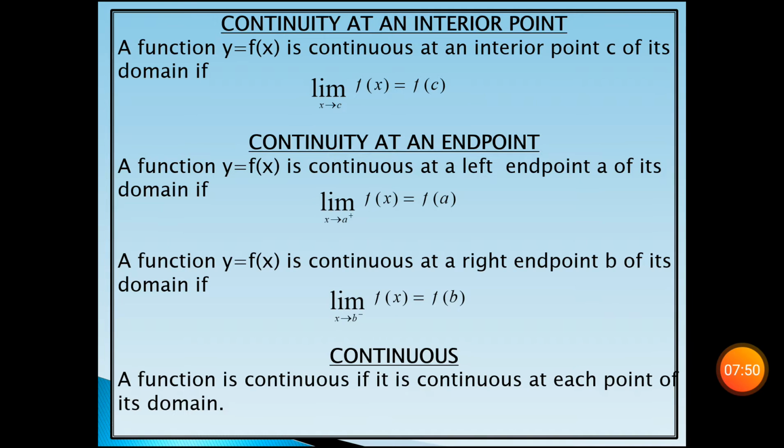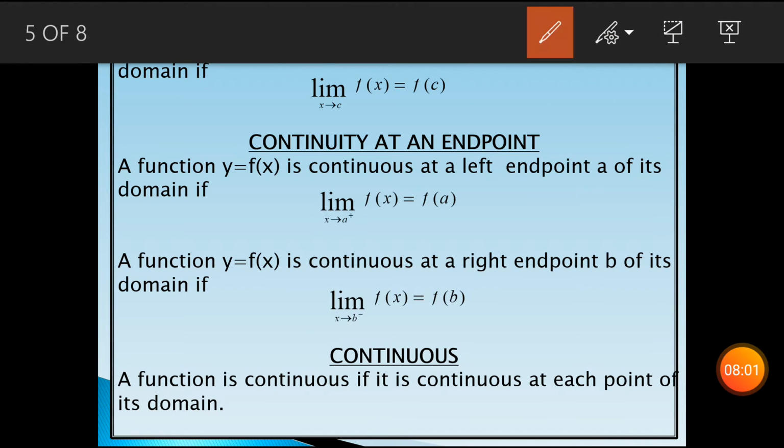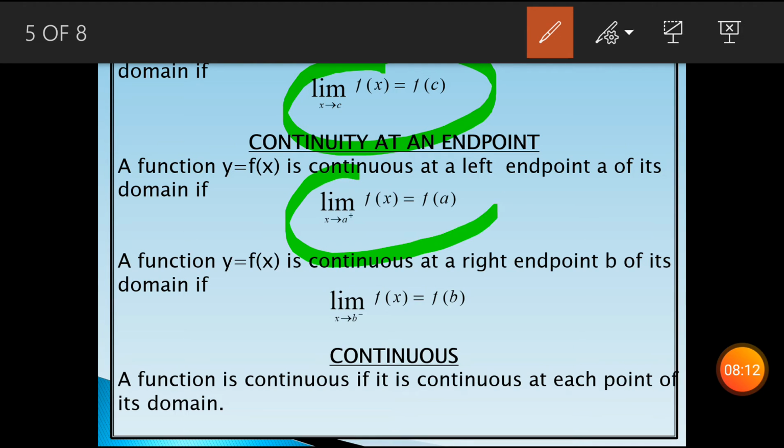Continuity at an interior point and continuity at an end point. A function is continuous at an interior point c of its domain if limit x tends to c, f(x) equals f(c). It means that f(c) should exist. Continuity at an end point means the limit should exist.